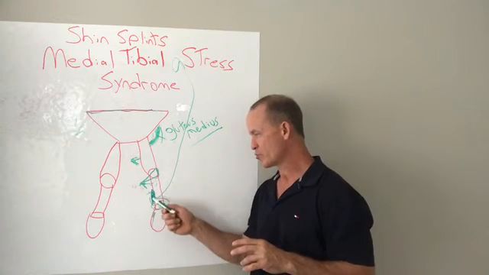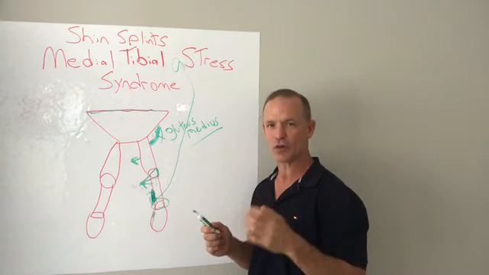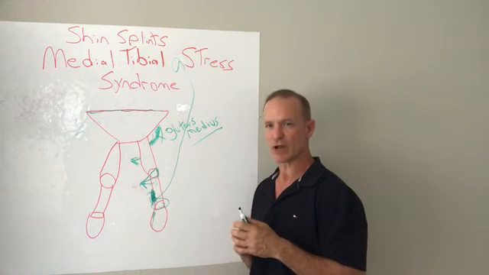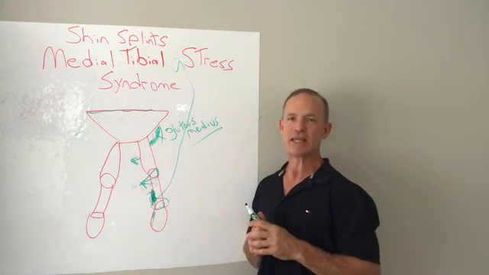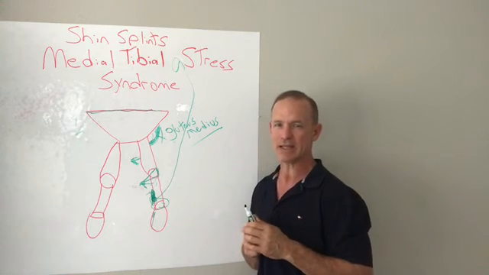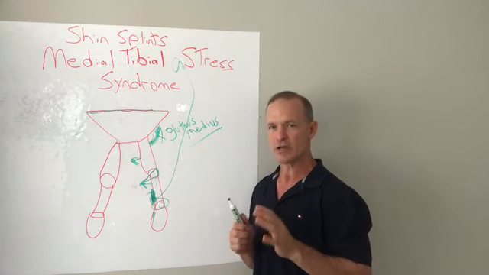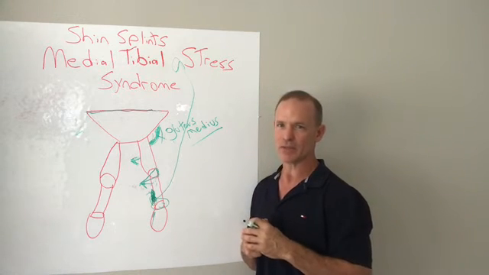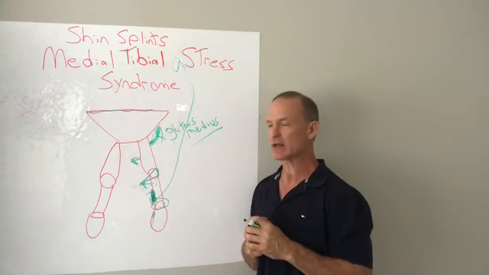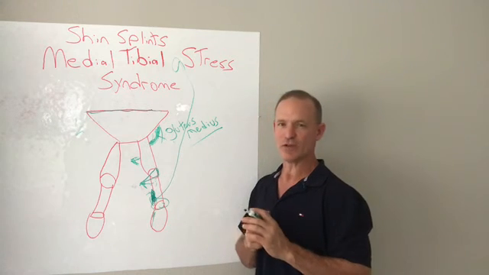People will wear compression around their lower leg, their shin, trying to compress, and that will help deviate some of the forces. But again, it's just a Band-Aid type of approach where you're not really targeting what is causing the problem. So we want to diagnose this correctly first, have someone videotape you.